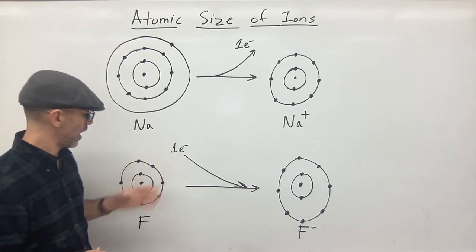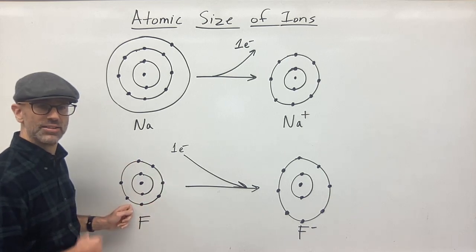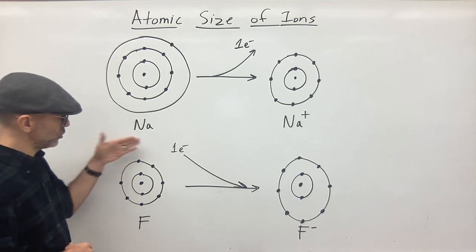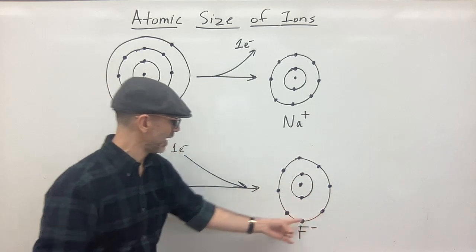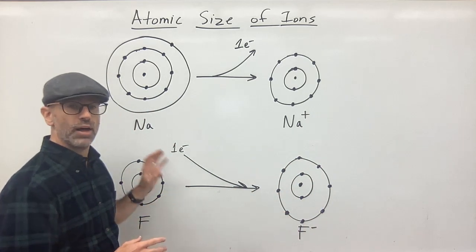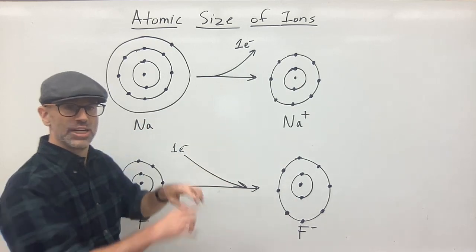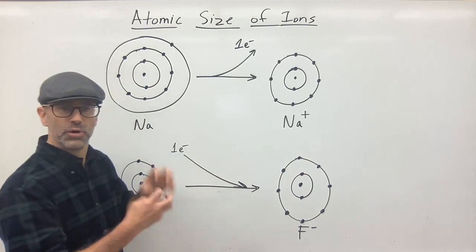So here you have fluorine, neutral fluorine with 7 valence electrons. It needs one more electron to get that full shell. What happens when it gets that electron? So it gets that electron. Now we have 8 negative electrons in that outer shell. Well, if you're going to put more negative charge into that energy level, the electrons repel each other.